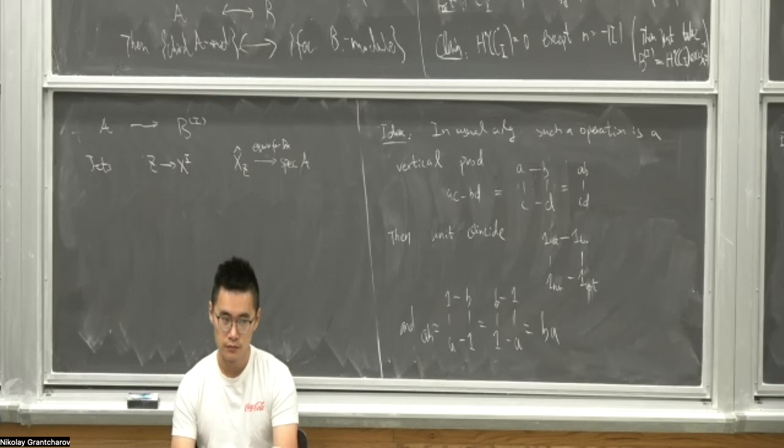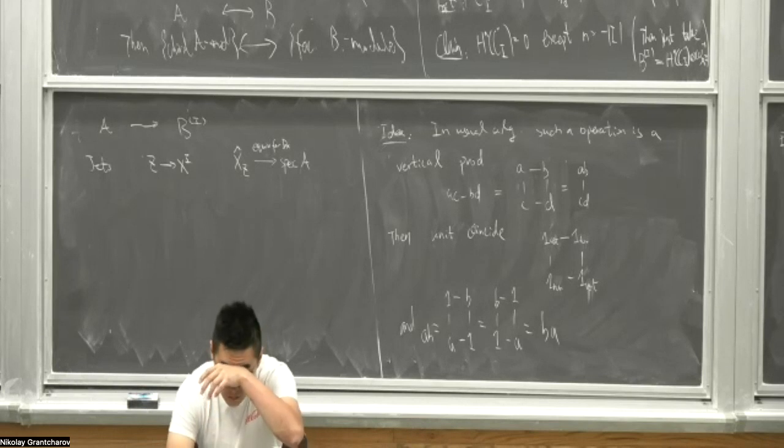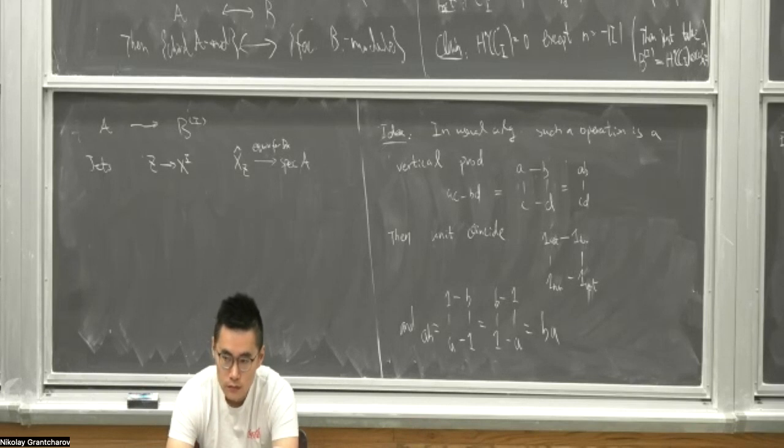And if you have such a thing and it's classical, concentrated in cohomological degree 0, then it has to really be commutative. The associative product has to be commutative because it's literally the usual Eckmann-Hilton argument.